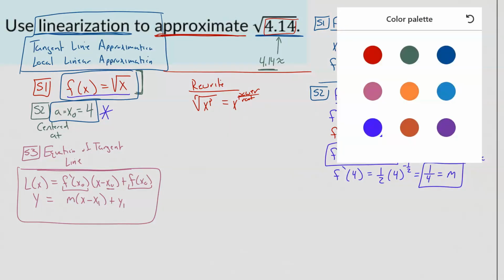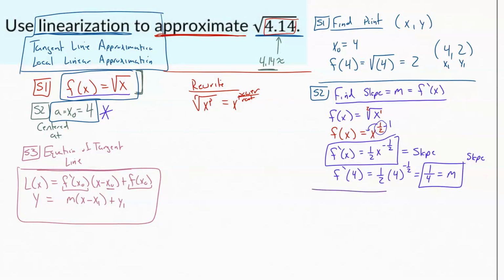So now we'll go to step 3 of the process, and we'll actually create the equation of our tangent line. So they might call it, again, L of x, your linearization equation. So your linearization equation is going to be your slope, so point slope form, right? 1/4 times x minus your x1 value or your x0, whatever they're calling it, that is the 4 that we started with, plus, and then your y1, which is 2.